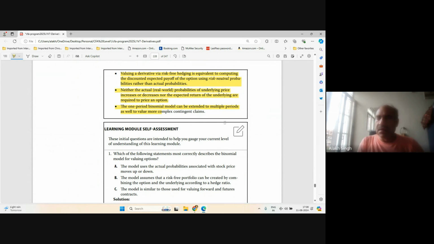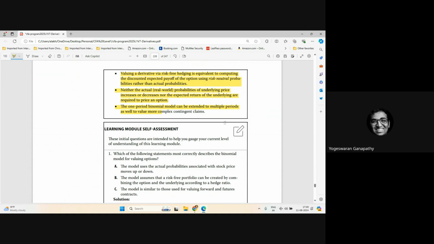And since we are working with risk-free, our hedge ratio must be risk neutral, so that whether the market goes up or down, the value of the portfolio is equal. It doesn't matter what is happening in the actual world. Since we are valuing using risk-neutral probabilities, actual probabilities don't impact the price of options.